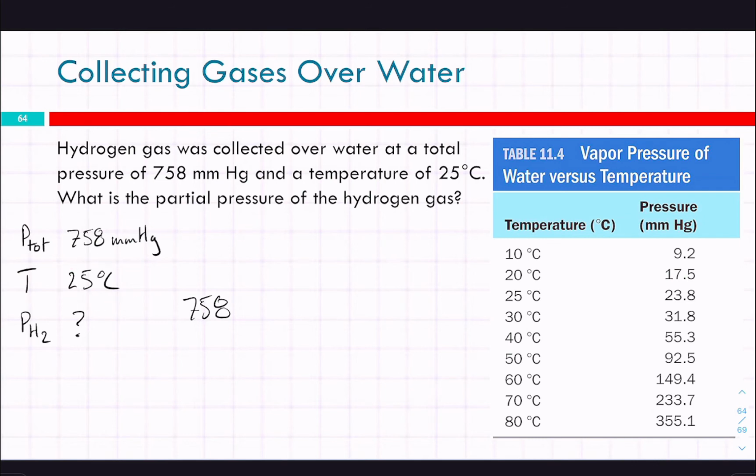I used a calculator to try and give you guys more accurate numbers. We're at 25 degrees C, so the vapor pressure is 23.8. So we take our 758 minus 23.8.